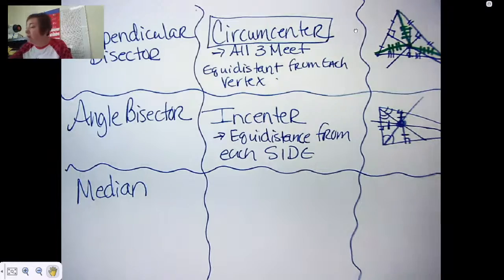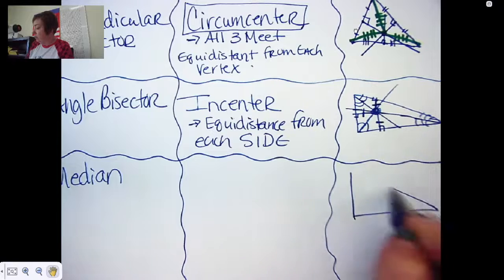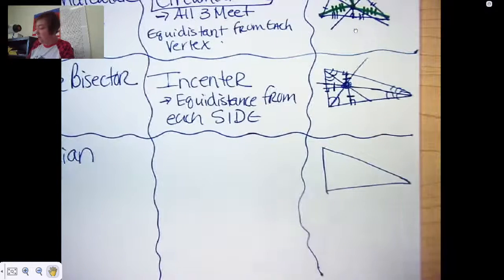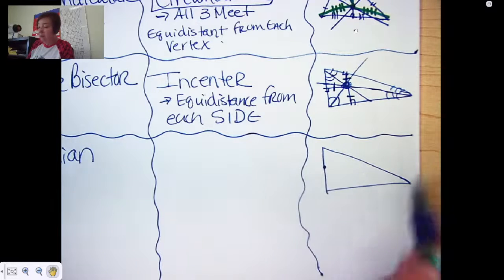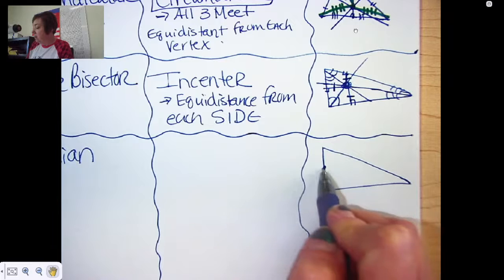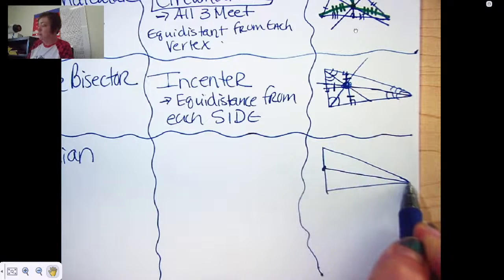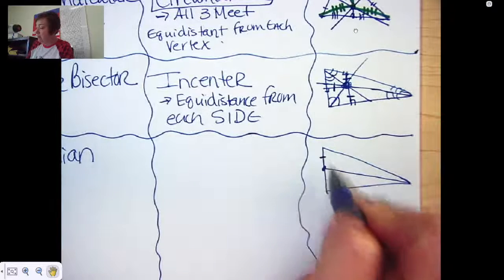So the median is actually a segment. I'm just going to draw a triangle here. The median is actually a segment that's in the center of a side, that goes from the middle of the side, across the shape to the other vertex. So it made this congruent to this.